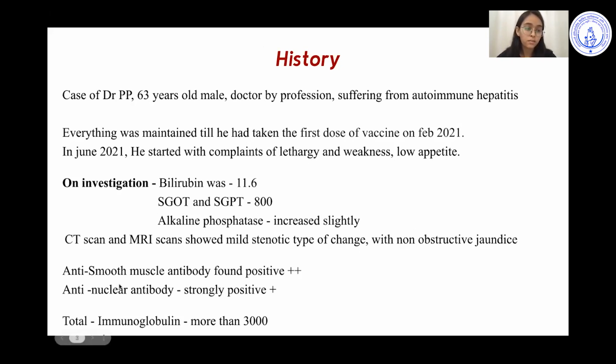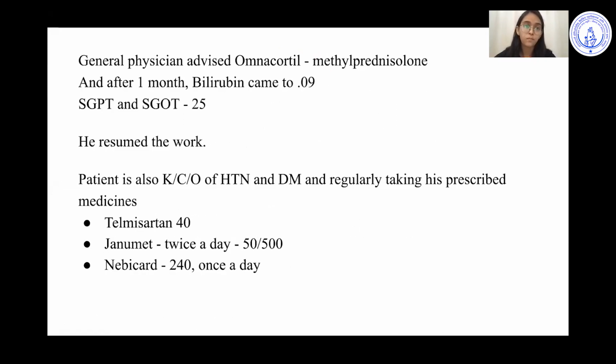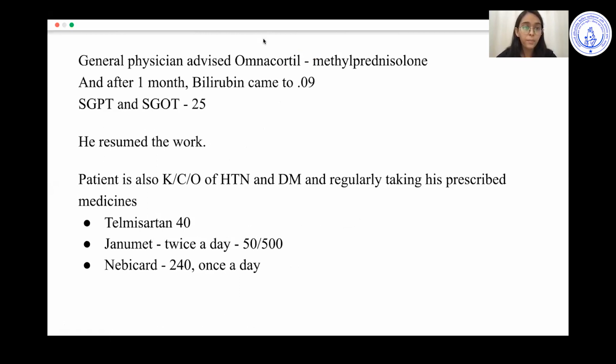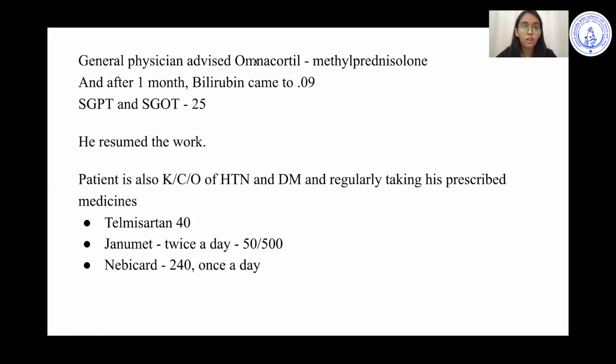His autoantibody test was strongly positive, and his immunoglobulin, you can see, is more than 3000. So he went to an MD medicine physician, and they prescribed prednisolone, a corticosteroid, which is the general line of treatment for such cases.